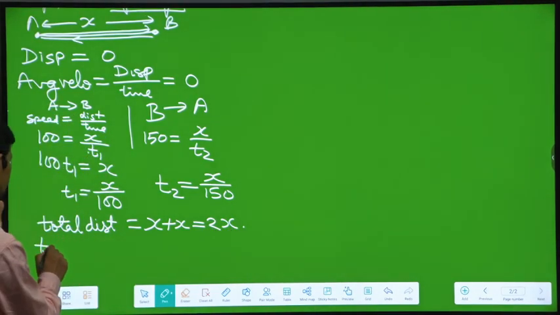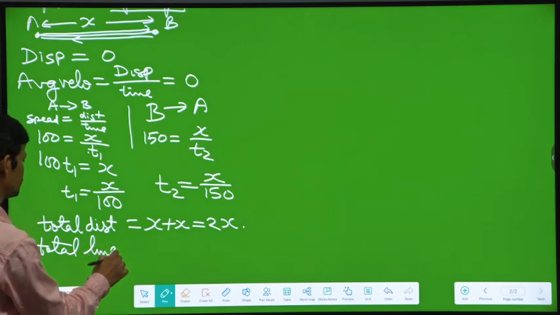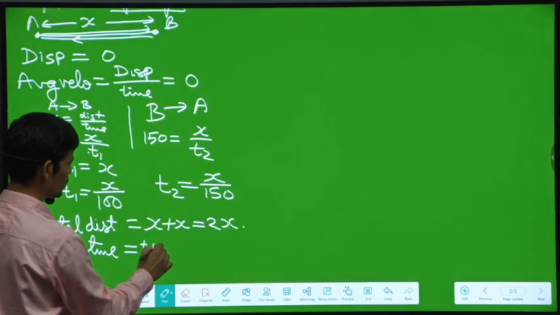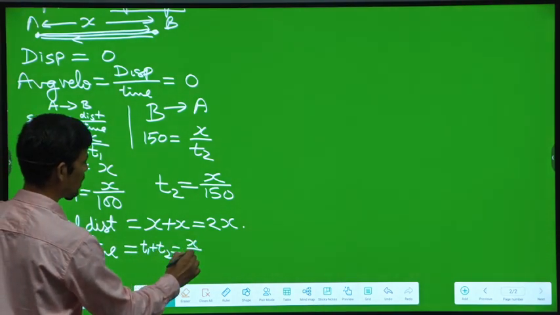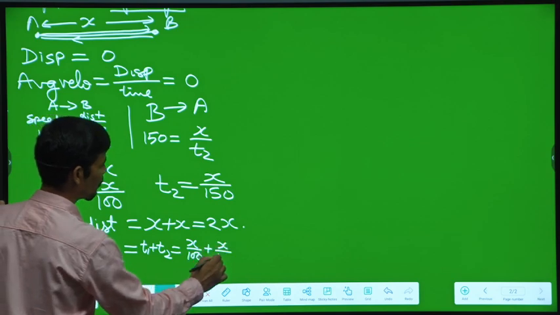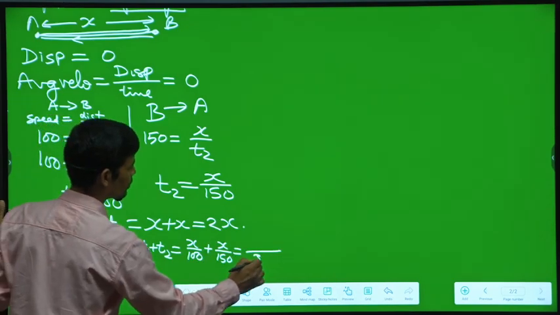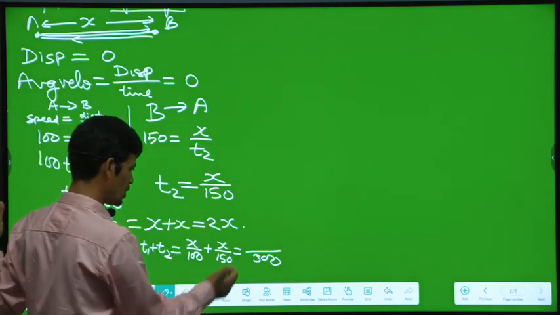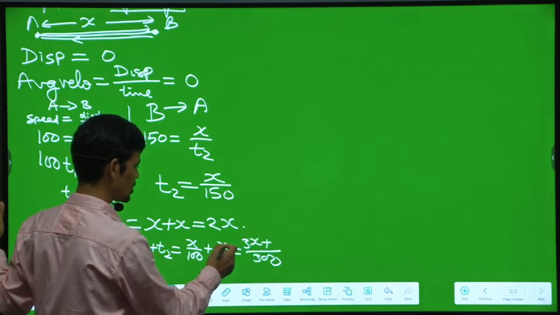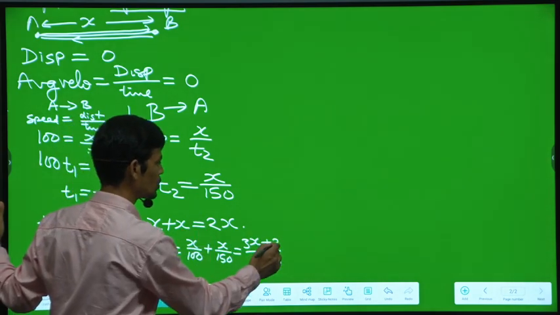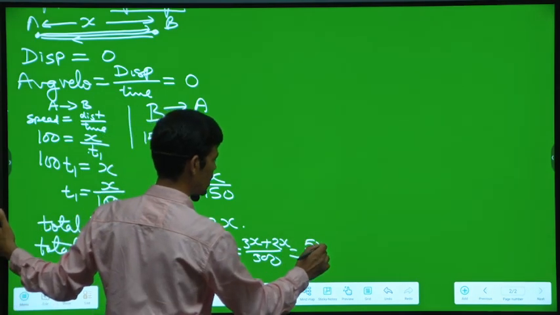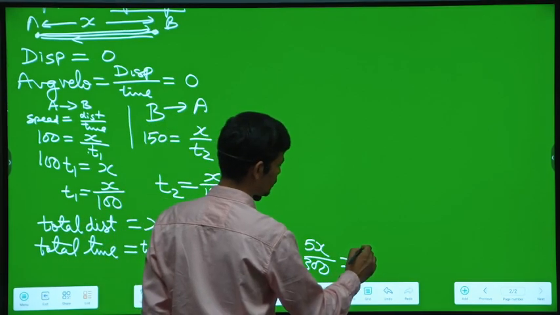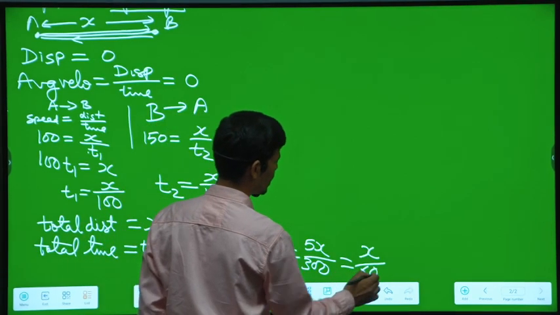And total time will be t1 plus t2, that is x by 100 plus x by 150. 300 is the LCM, 100 multiplied by 3, so it will be 3x plus 150 multiplied by 2, that is 2x, so it is 5x by 300, so it is x by 60.